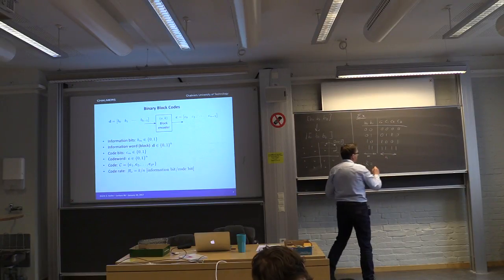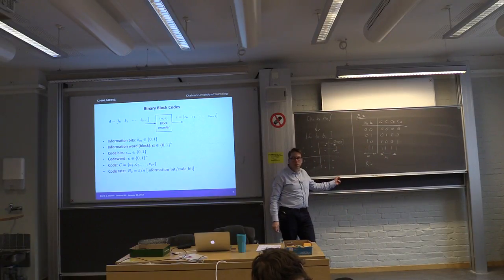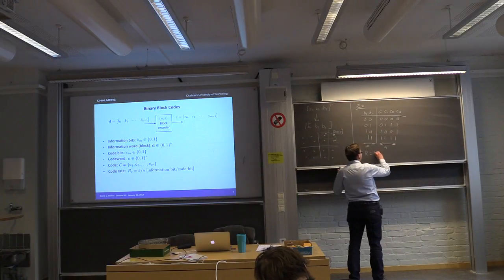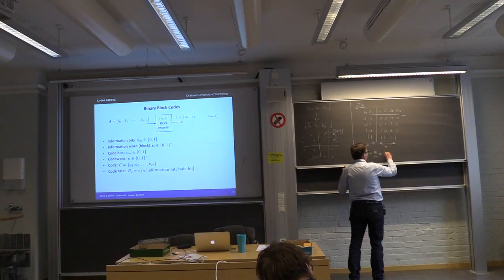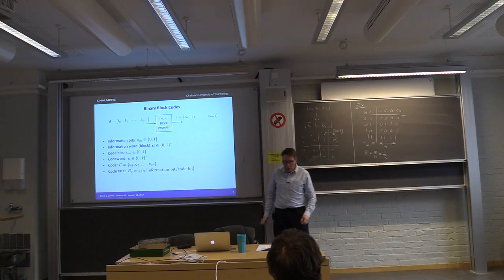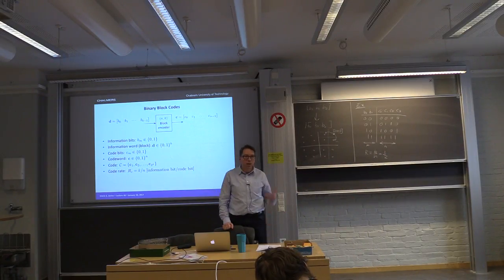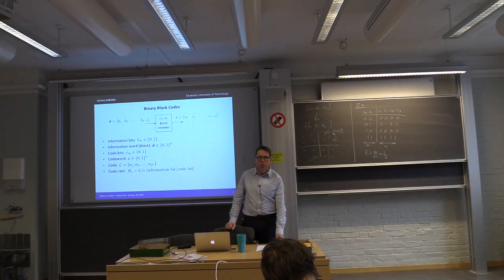So what is the code rate for this one? It's not rocket science. It's either 2 or 1/2. So it's 1/2. Okay, so that's an instance of a block encoder.